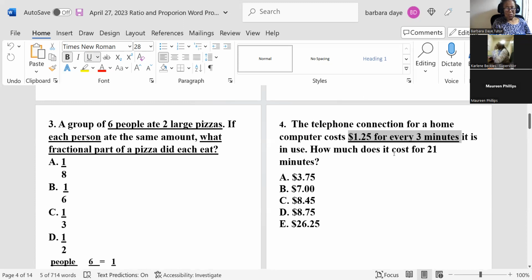And what you're looking for is the cost for 21 minutes. So that is like, okay, 125 by 21.